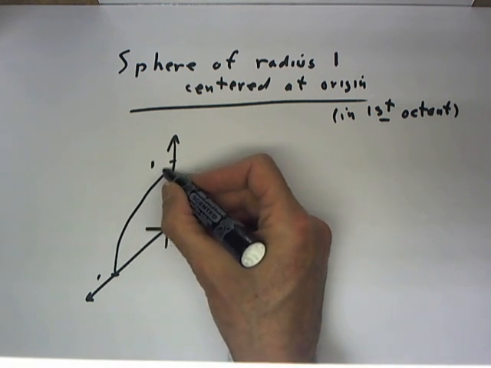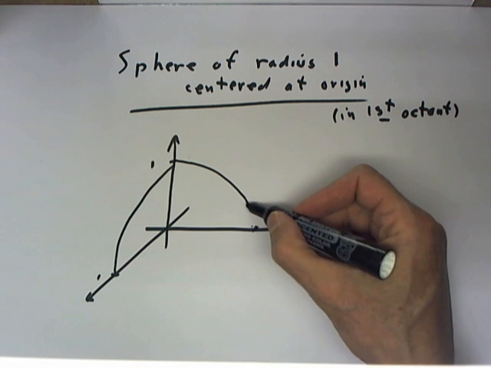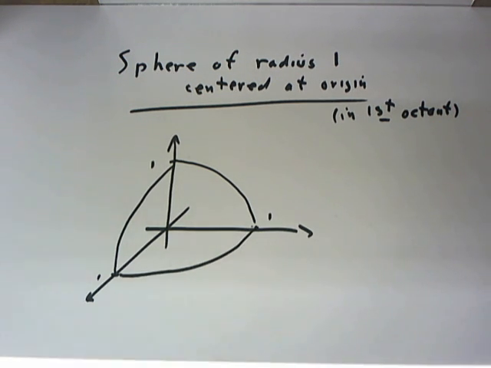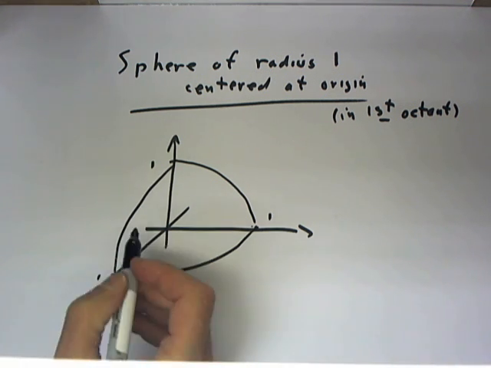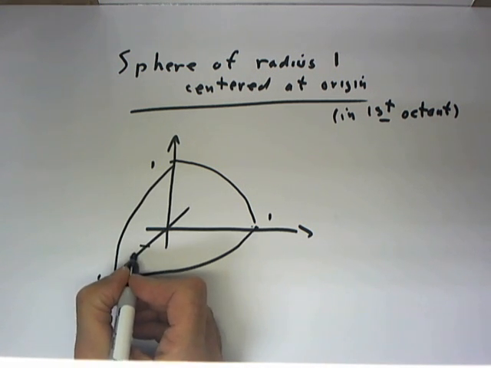Our sphere is going to be bounded by a curve here, curve here, curve here. I don't want to sketch too many contour lines so that I'll have room to label things. Now, our x-axis is going to be partitioned.